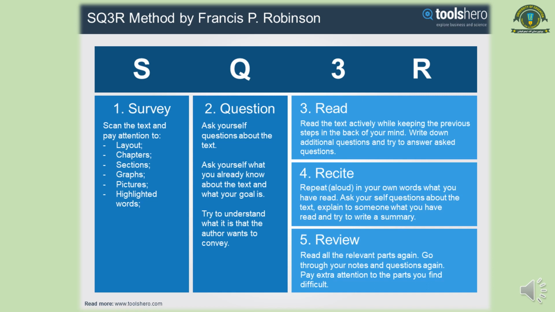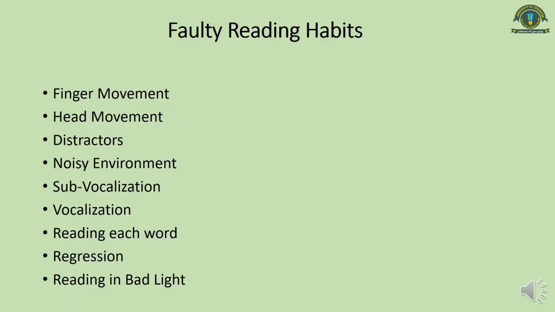Reading is the actual reading of the text, and reciting is repeating that aloud or asking yourself questions or making a summary of it. Reviewing is reading the relevant parts or going through the notes or questions again, or recommending it to someone. This method is quite useful when we are reading something or starting something. It can be applied to both extensive and intensive types of reading.